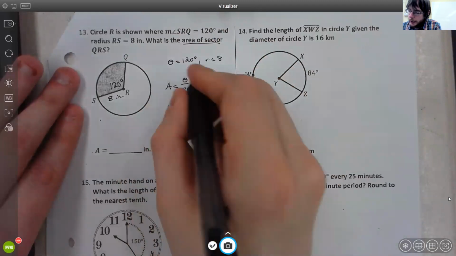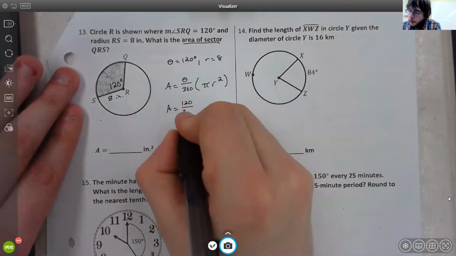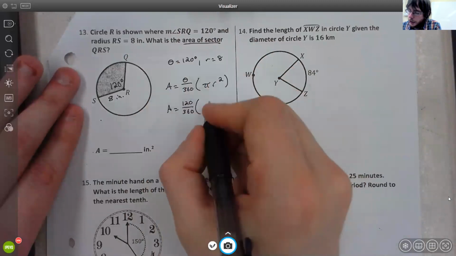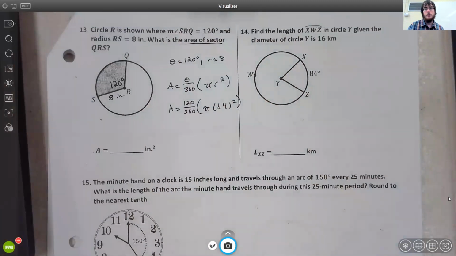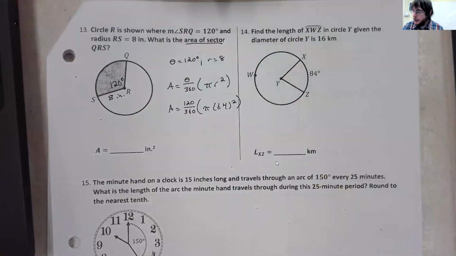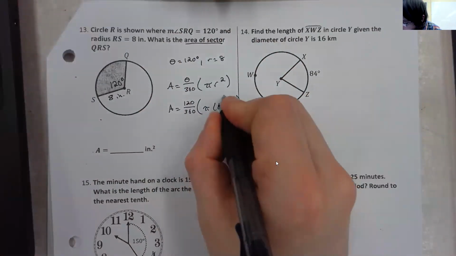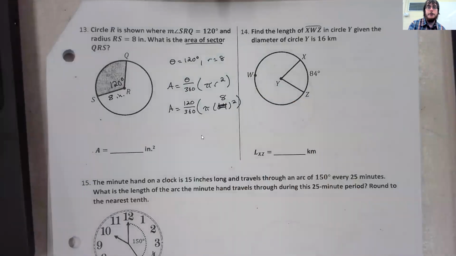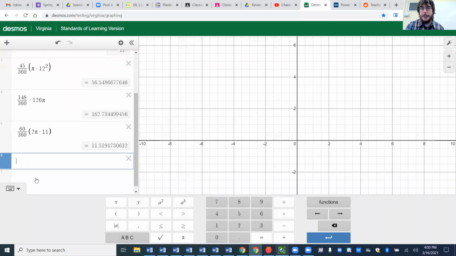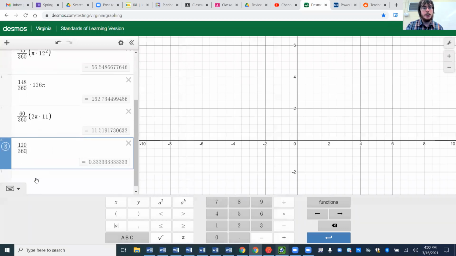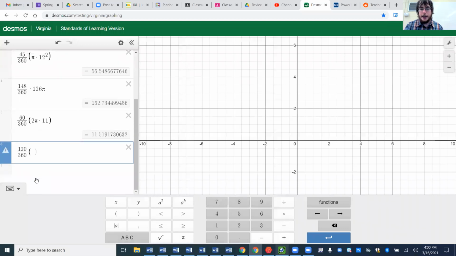So your area would be 120 over 360 times pi times 8 squared. Sorry, not 64 squared, excuse me, 8 squared. 8 squared is 64. I was getting ahead of myself. So plugging that in, we get 120 over 360 times 8 squared, because I'm going to leave the pi in there.